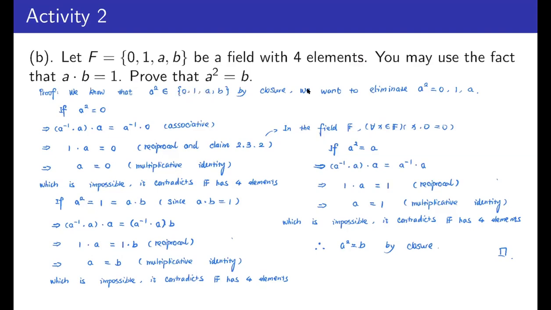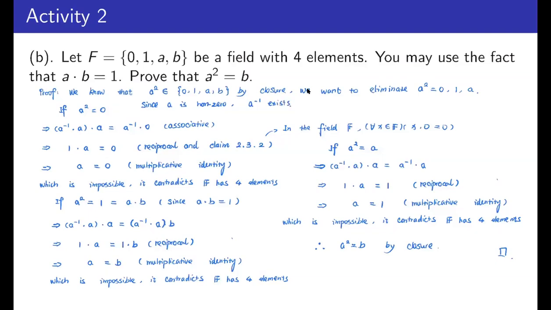So let a squared equal 0. Since a is non-zero, remember, if an element is non-zero, then the inverse exists, right? So since a is non-zero, a inverse exists. Let's write it down actually: since a is non-zero, a inverse exists.